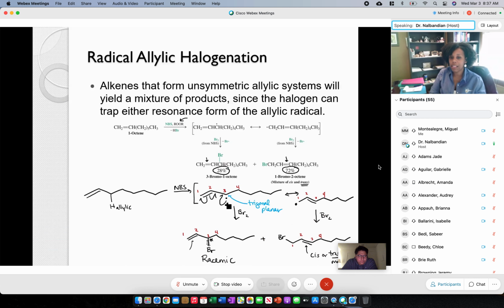And so based on that, it's most likely that the alkene that we get here, this intermediate, is going to be major based on the stability of the alkene of the intermediate. So that's going to lead to more of that product. Questions on this radical allylic halogenation?